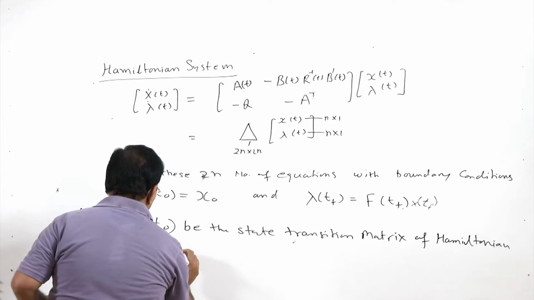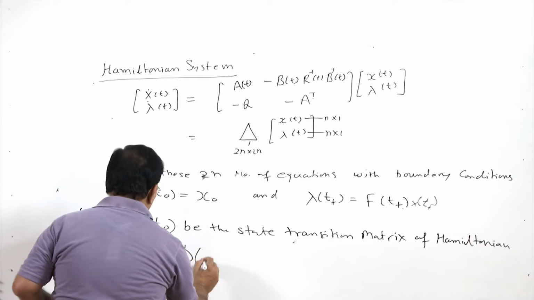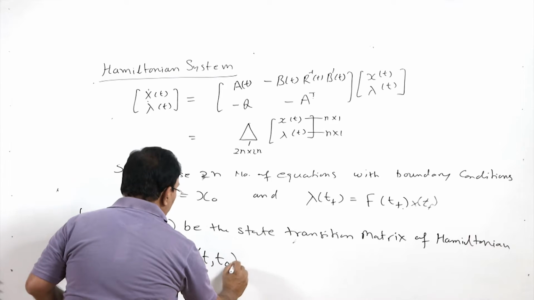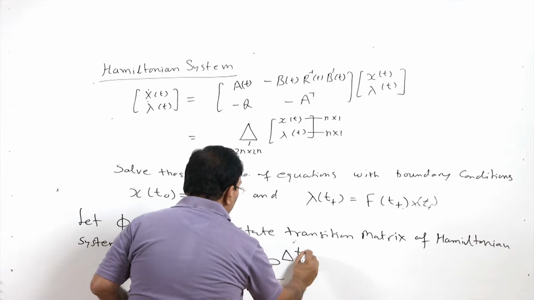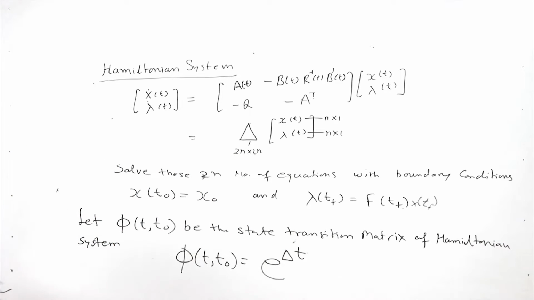This means we are considering phi t, t0 to be e to the power delta t.